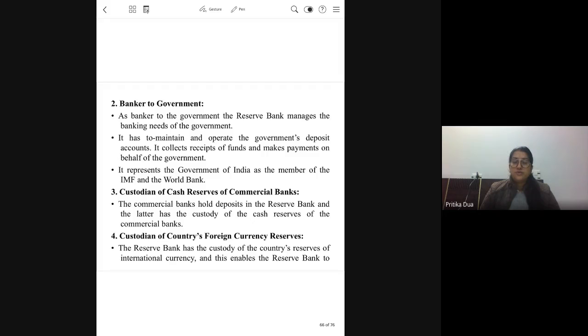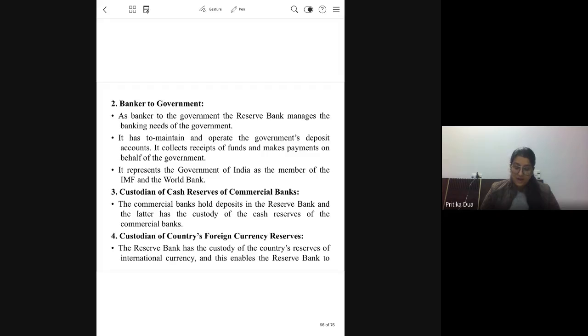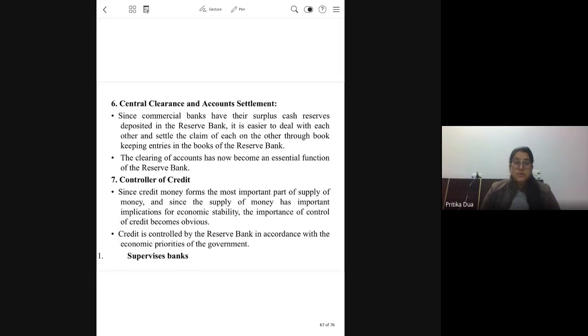So all of us know that commercial banks have to maintain CRR with the central bank, that is RBI, and all those reserves are being handled as a custodian, that is in good faith. Then the forex reserves of the country are also managed by RBI. The RBI is a custodian there also.